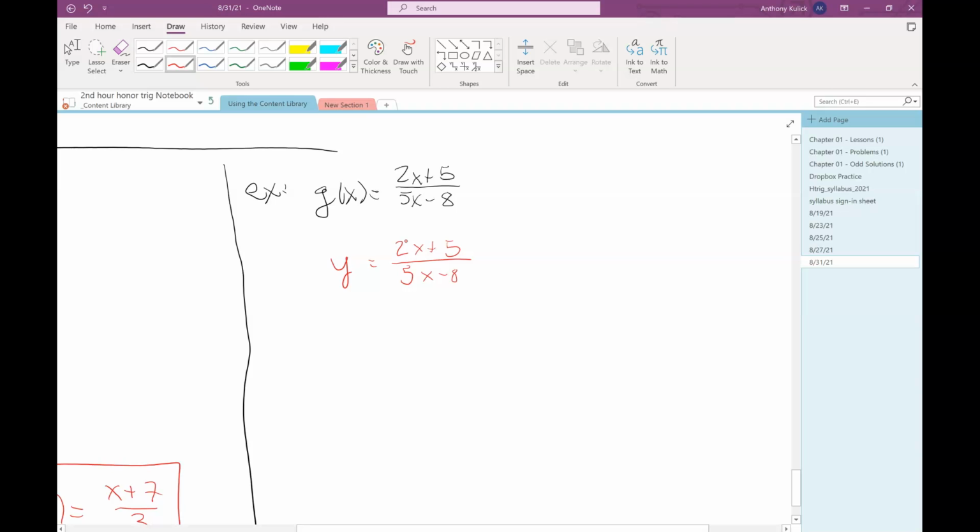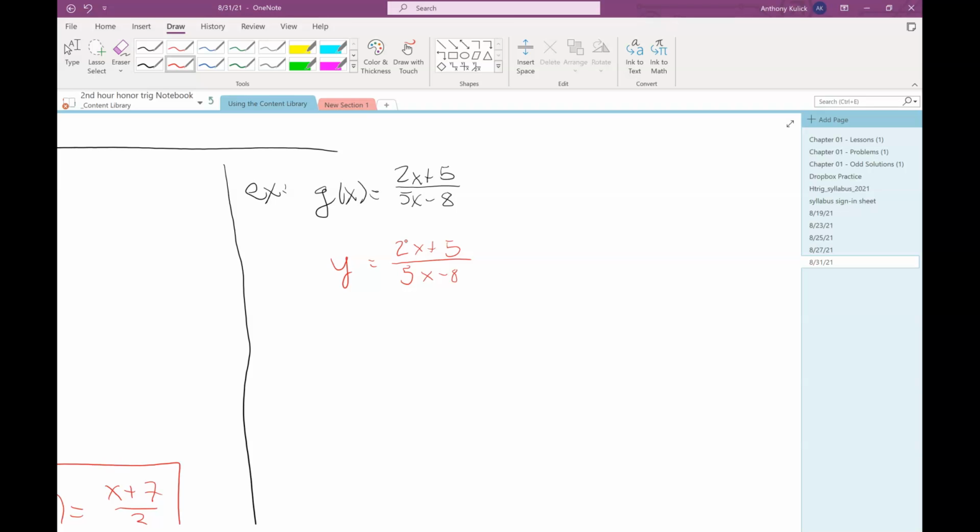And now I want to isolate the x. What do you notice that's different about this problem than the previous one? There's a big difference. It's more than one x, right?